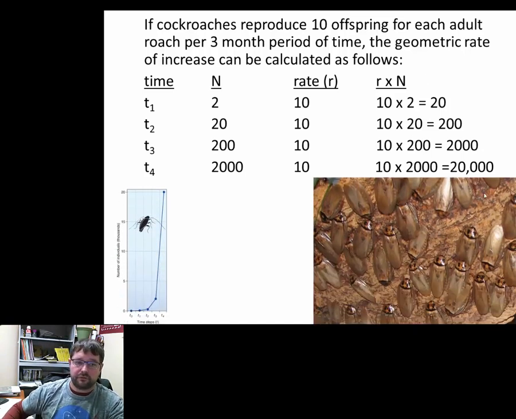Right? And so this would be the graph that you get from that. You would get at time 0, you start with 2, it's barely a blip on the graph, and then you just have this exponential growth rate where it's exploding, and you just get thousands of cockroaches in one given area. Because most of the time you're not starting with 2. Okay? So you get this huge explosion.